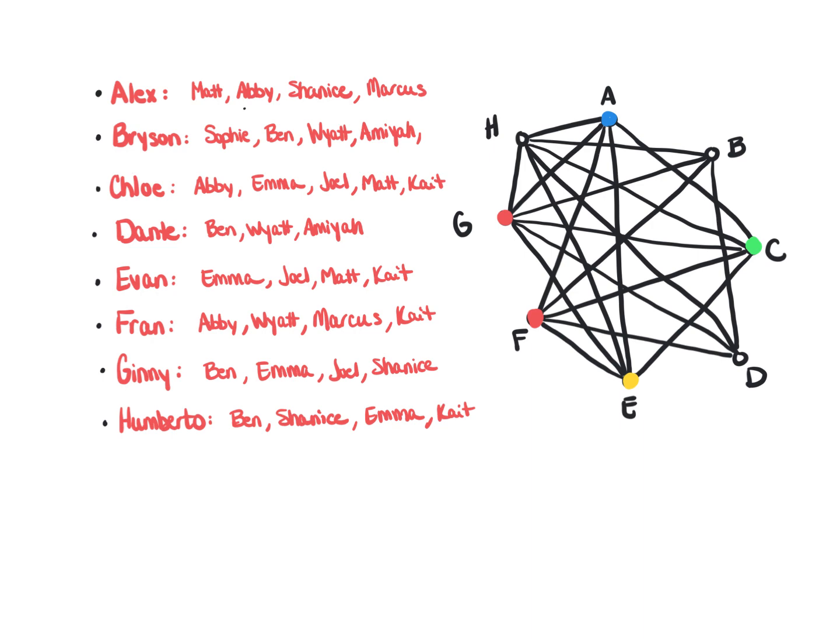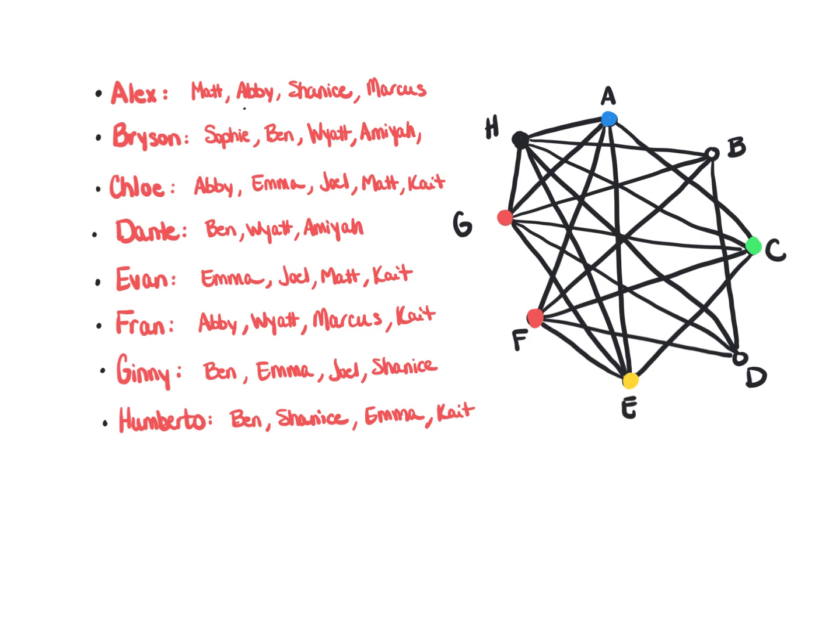Looking at vertex H, again, vertex H is adjacent to a red, to a blue, to a green, and to a yellow. And so I am going to have to pick up a new color for vertex H. I'm going to go ahead and color that vertex in black.